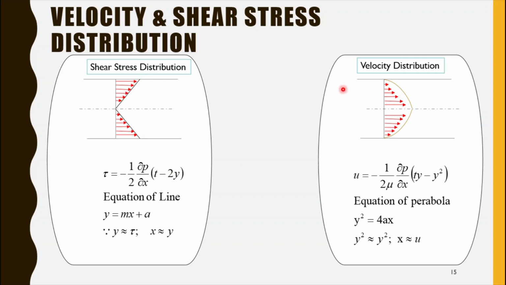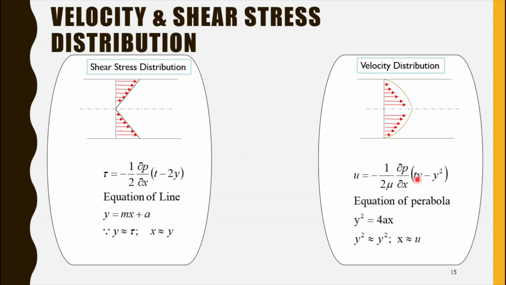Similarly, our velocity distribution, u is equal to minus 1 by 2 mu del p by del x (ty minus y square). When we compare it with the equation of a parabola, we get y square is equivalent to y square and x is equivalent to u. So this again represents an equation of a parabola, similar to flow in the pipe.